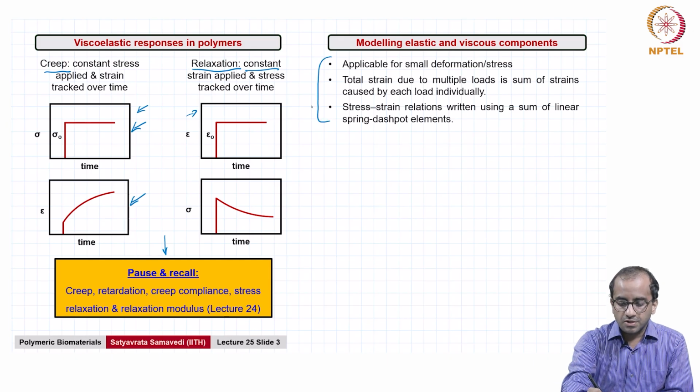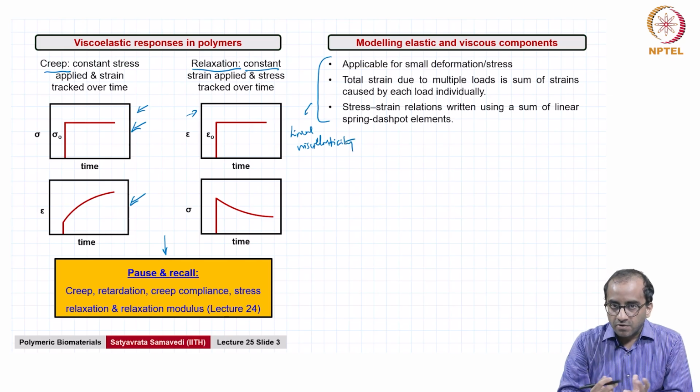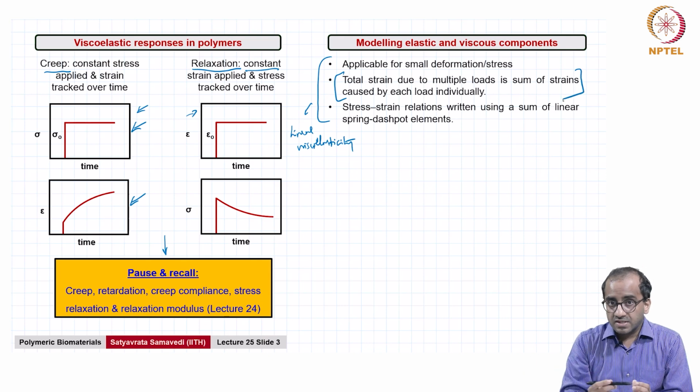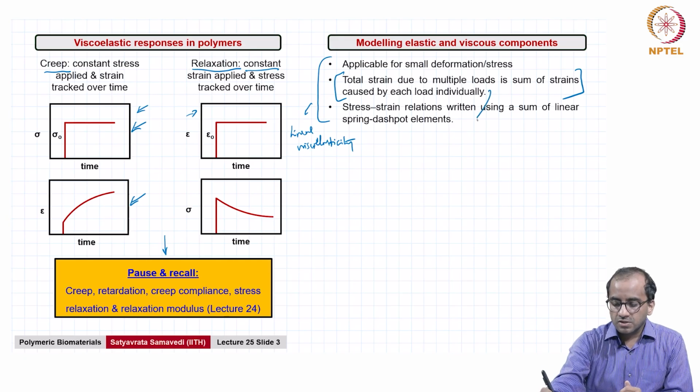These are the assumptions of linear viscoelasticity, where we are talking largely about very small loads or deformations, and the total strain due to multiple loads can be thought of as a sum of strains caused by each load individually. This is called the superposition principle.